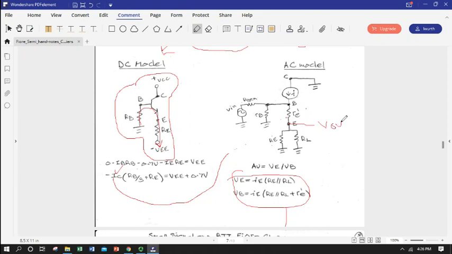Output impedance is looking at the output point and saying, if I have to go through the amplifier to get to ground, where could I go? I could go here. I'm not going to go backwards because that's outside of the transistor. Or I could go back through here.